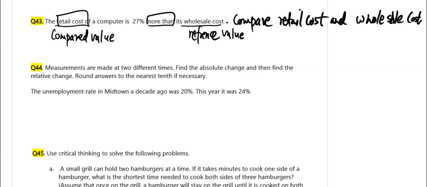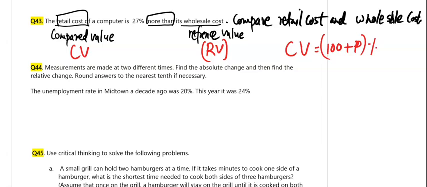So the formula is this. I should say the reference value is RV, the compared value is CV. So you can say CV equals 100 plus P percent of RV. Again, that's the formula you can find in the notes or the book.